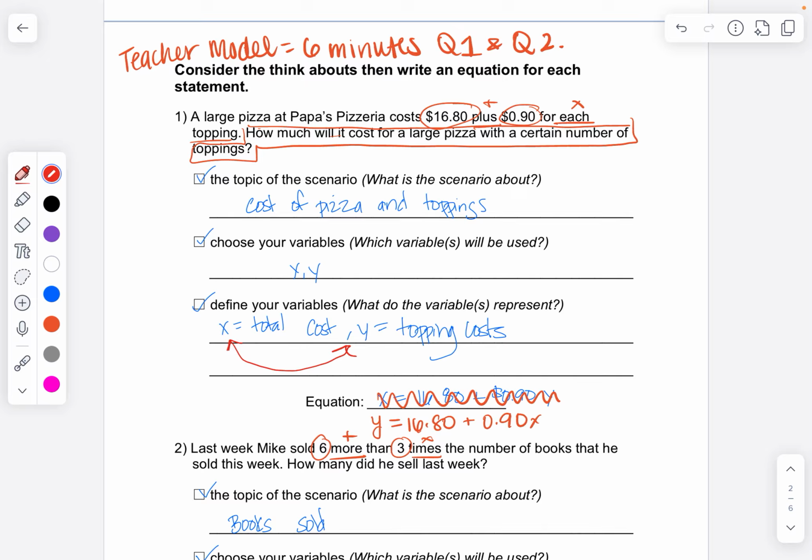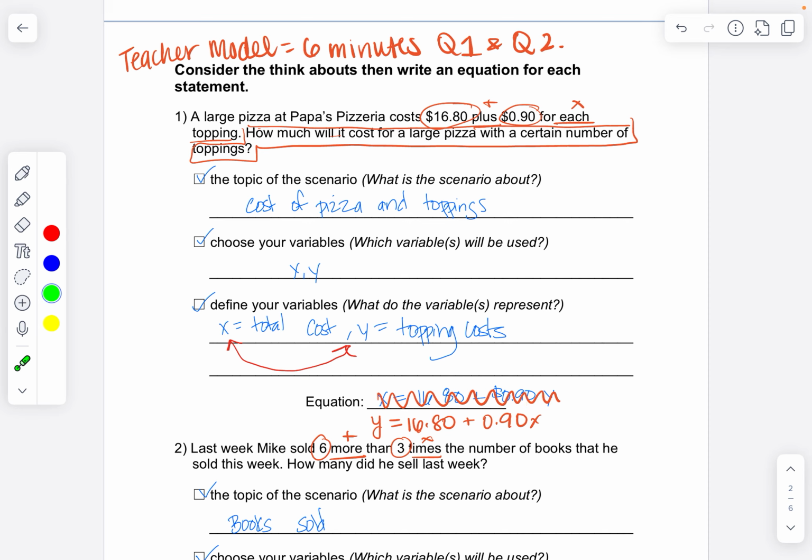So in this equation, we have y is equal to, the pizza costs $16.80 flat. But then you want an additional topping of pepperoni. We're going to plug in a 1 here.